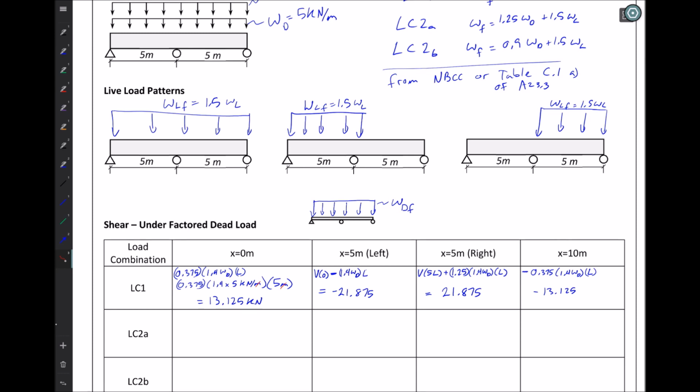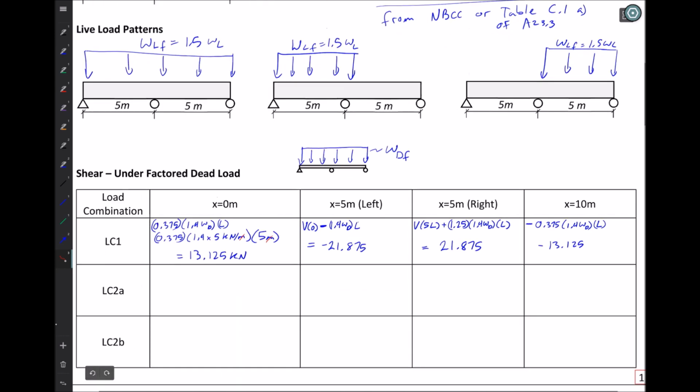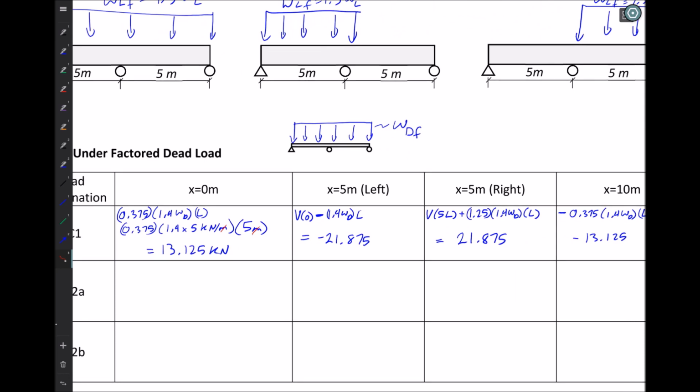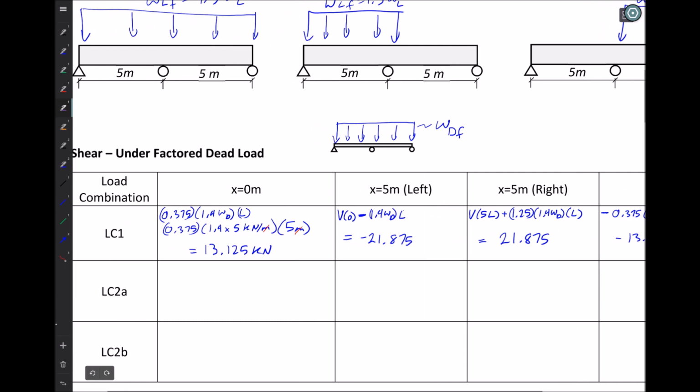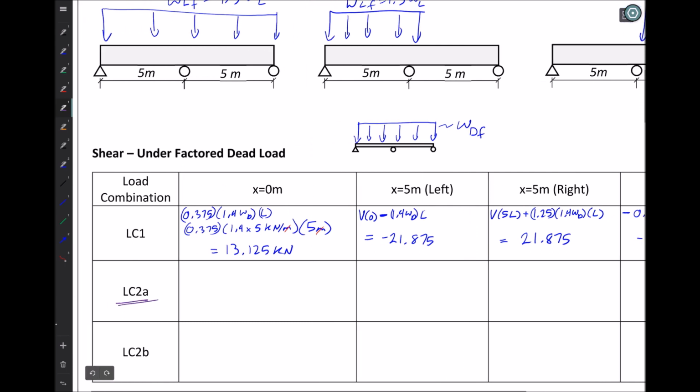Now if we want to go through this and do the same amount of work we can, in fact let me do it for this case here, I'll just switch colors because we're on the next line. Load case 2A has W dead factored equal to 1.25 WD.